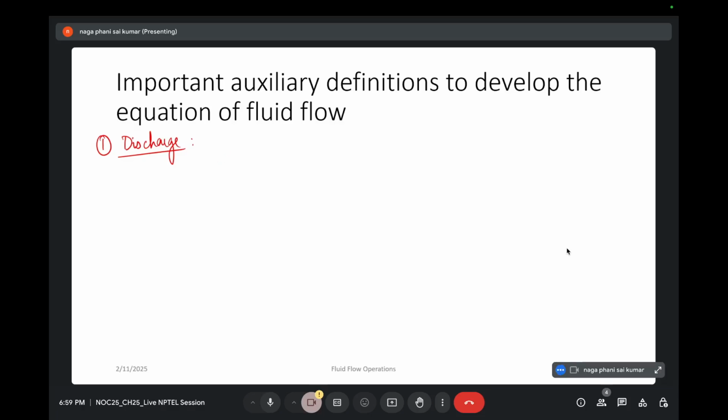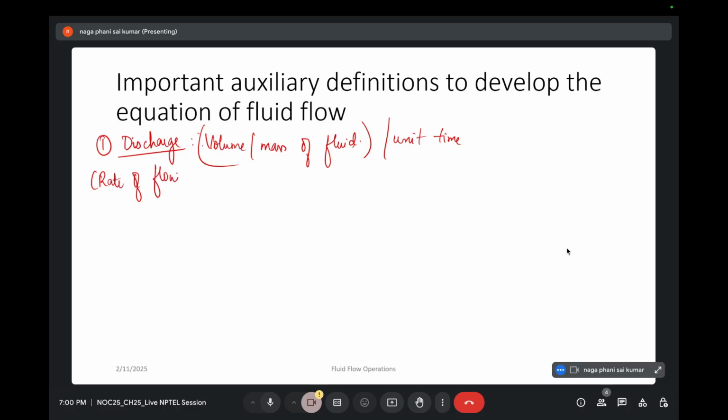This can be the volume or mass of fluid flowing per unit time across any cross section. So this can also be called the rate of flow.